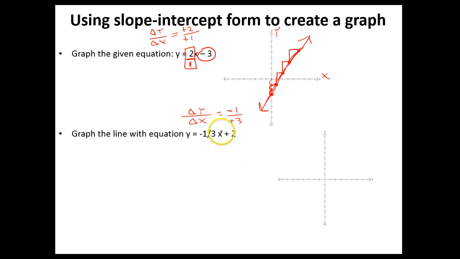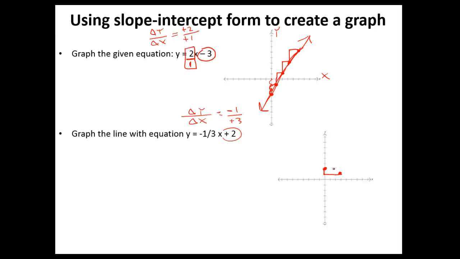Now my y-intercept is positive 2. That's where I'm going to start. And then my change in y was -1. So I'm going to go down 1. My change in x is positive 3. So 1, 2, 3. And I need to do it one more time. You really need 3 points to make a good line, because if you do the second point wrong and you don't do a third point, you're not going to know.